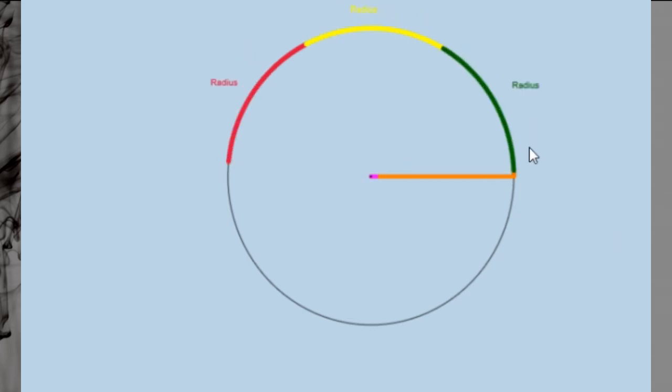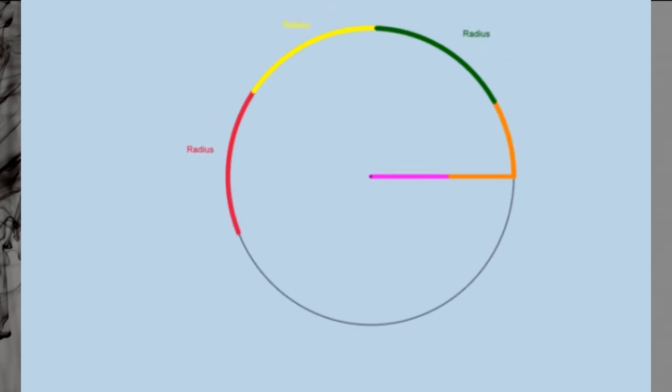This is equal to 3 radius, so how much angle will they subtend at the center? 3 radian. So this arc length is equal to 3 radius. If I divide this 3 radius by radius, it will be equal to 3. That means the angle will become 3 radian.